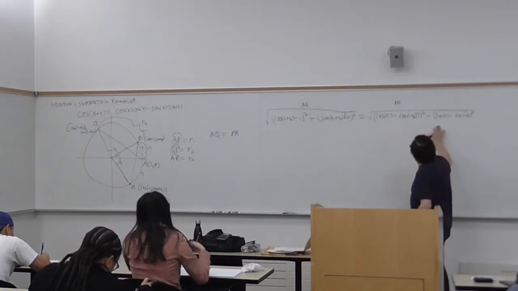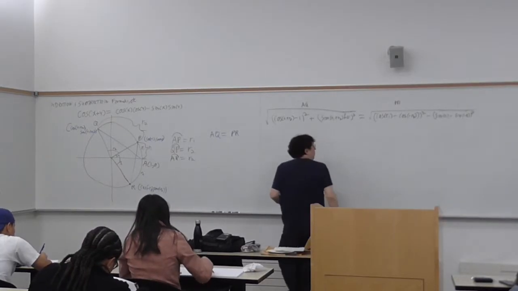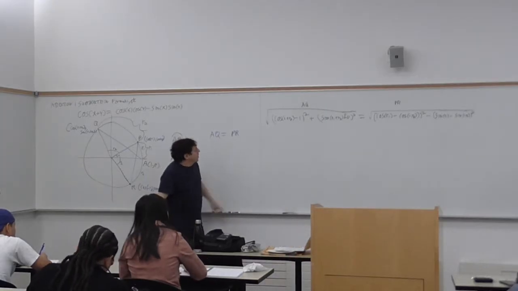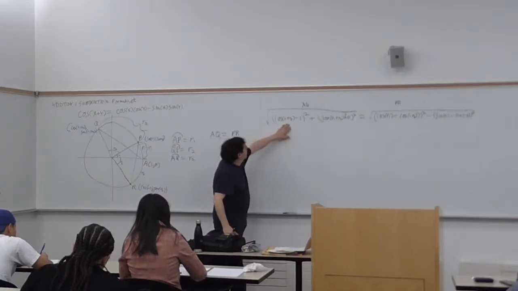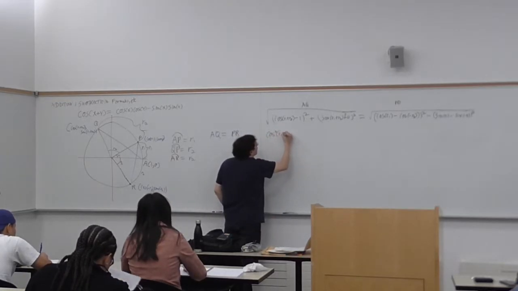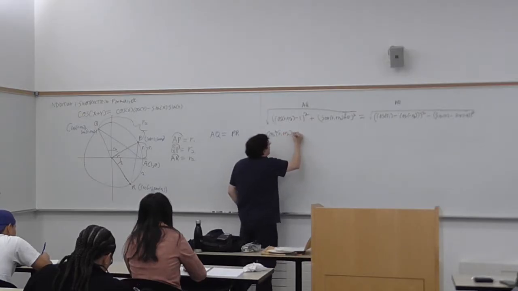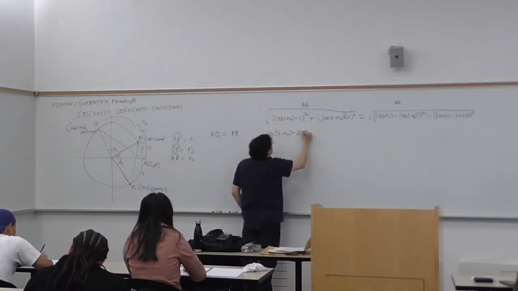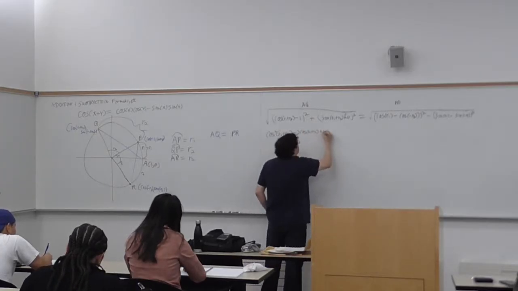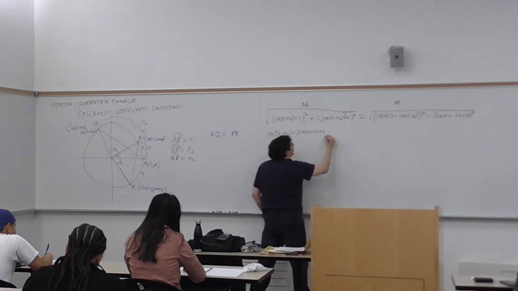So we look at these two sides and we say, obviously, we want to square both sides, right? And then we want to expand this. So cosine squared (r1 plus r2) minus 2 cosine (r1 plus r2) plus 1. That's this piece here.